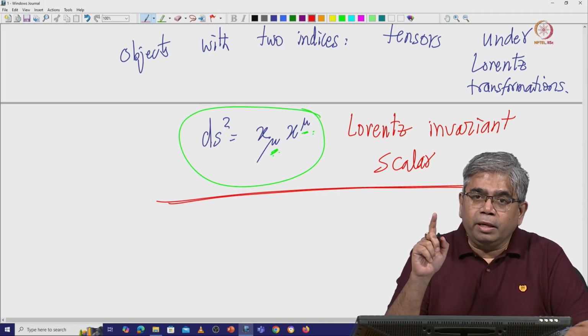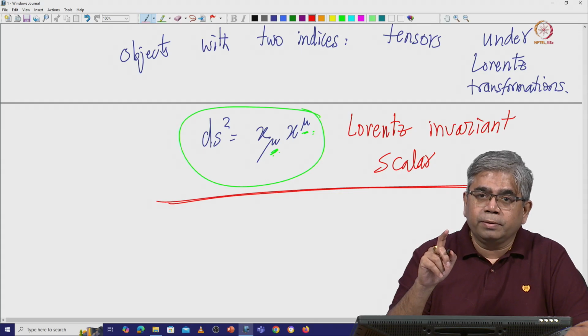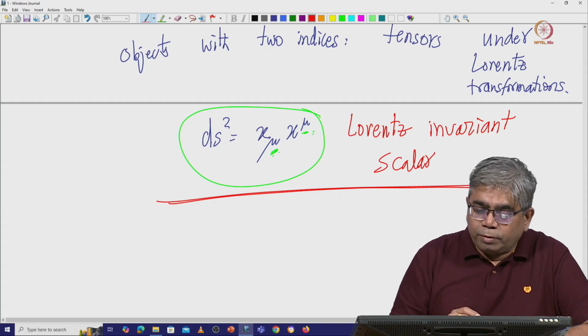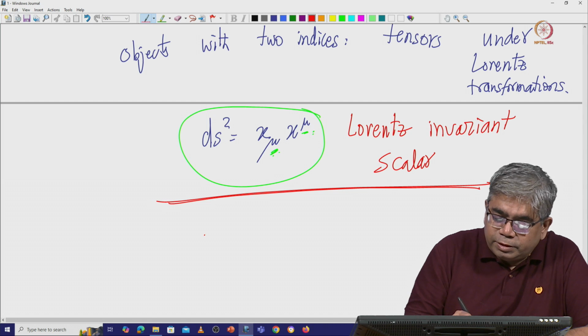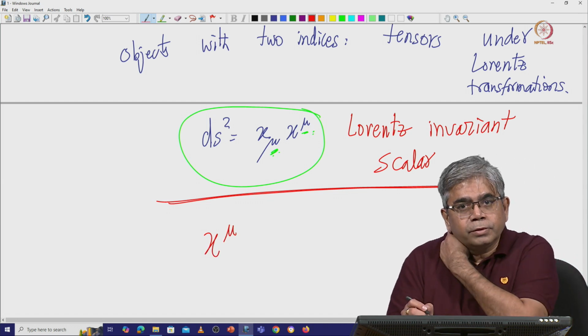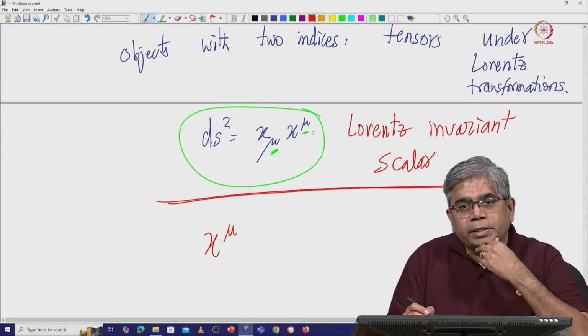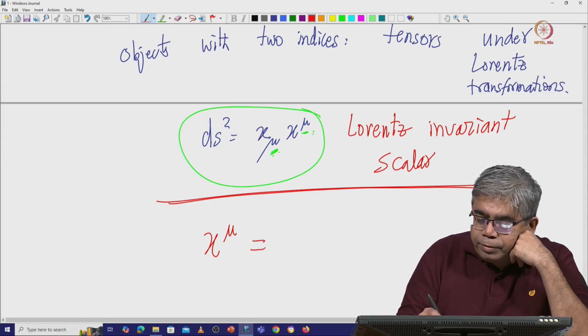A quantity which transforms under Lorentz transformations is called a vector, a Lorentz vector, which is x mu. So, x mu is a Lorentz vector.